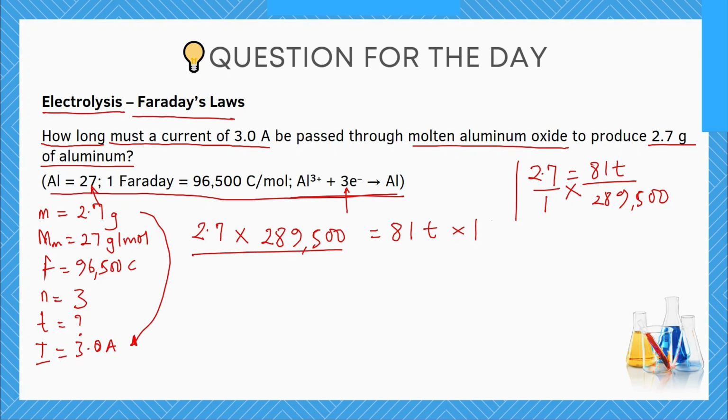So when we multiply these two together, 289,500 times 2.7, what we have is 781,650. This is equal to 81T because anything multiplied by 1 remains the same thing basically.